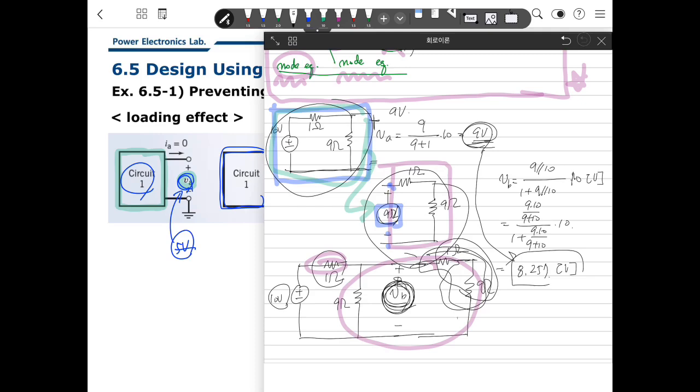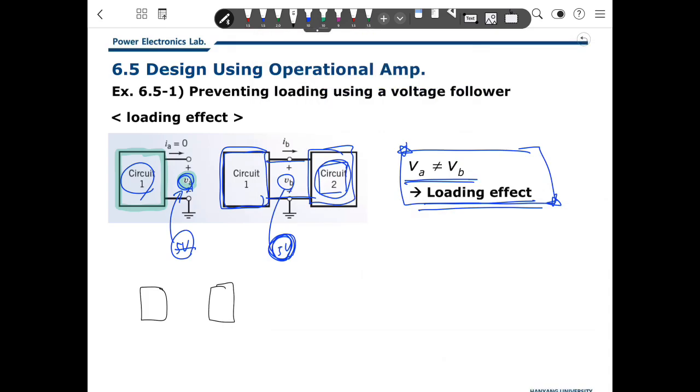Because of this loading effect, we cannot design the electric circuit as separate parts. We design some circuit 1 and circuit 2, but we cannot simply combine them. Why? Because just by connecting two circuits, the performance of circuit 1 and the performance of circuit 2 is different.